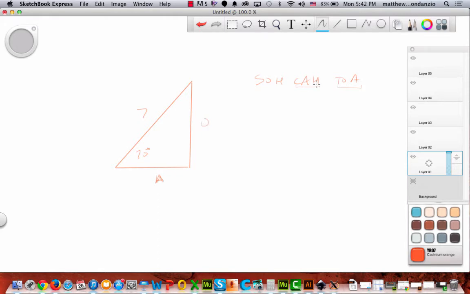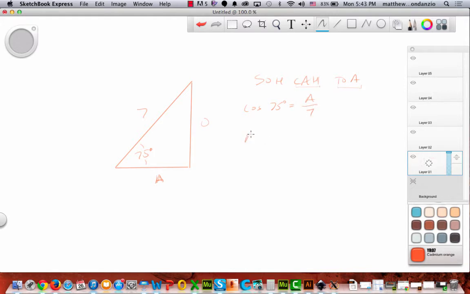I don't have that. But I do have my angle, and I do have my hypotenuse. I'm just missing my adjacent. So I'm going to write that a little clearer, 75 degrees. What I can do is say, look, the cosine of 75 degrees is going to equal my ratio of adjacent over hypotenuse, okay?